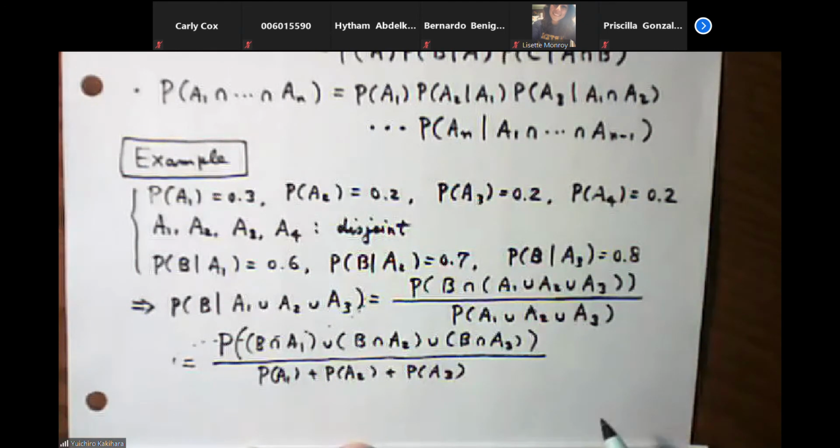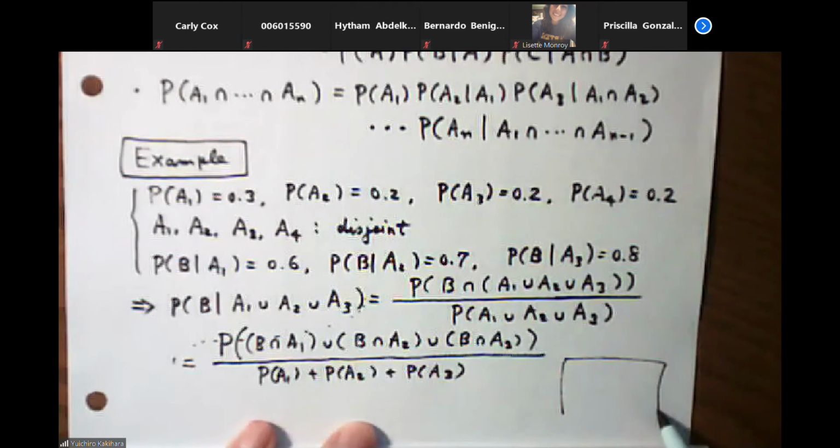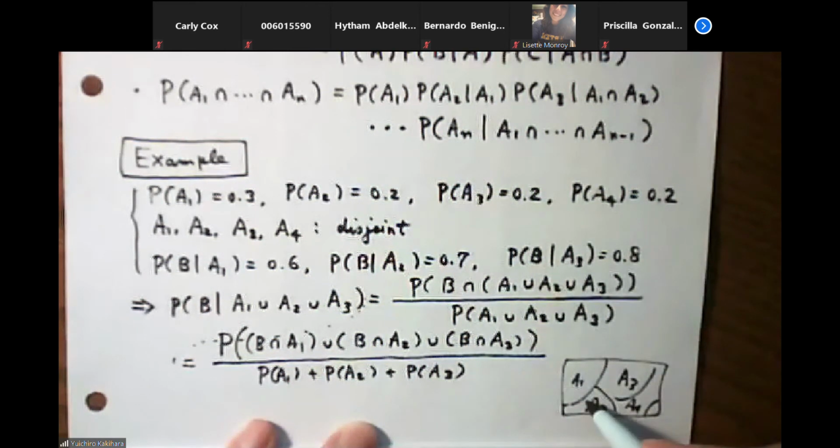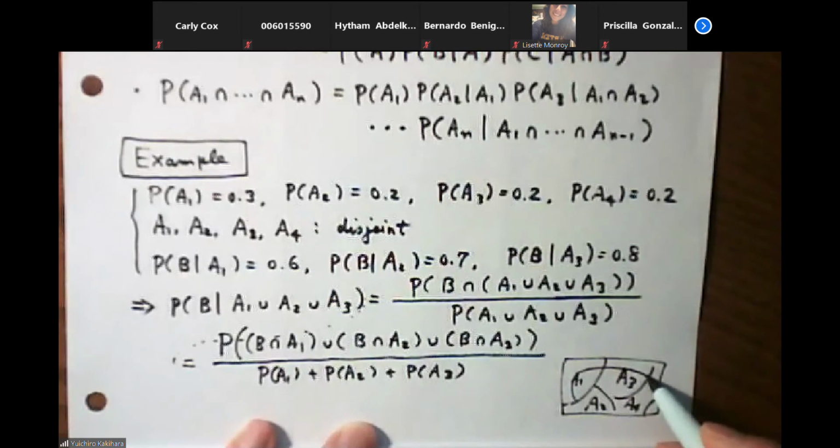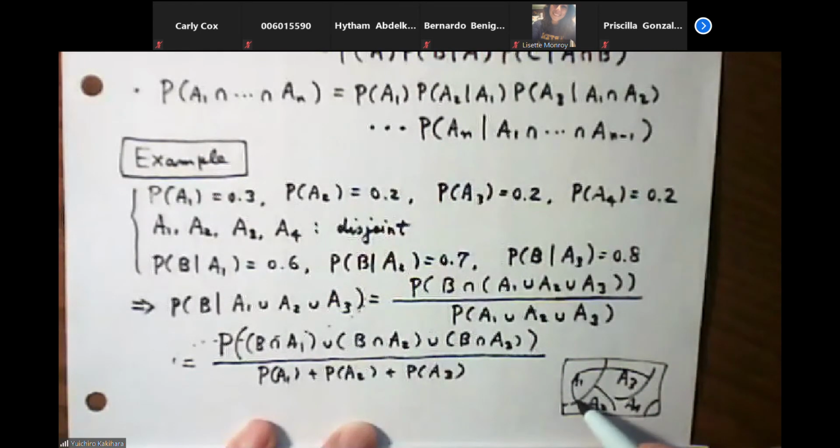Yes. The picture is like this. A1 is here, A2 is here, A3 is here. Somewhere we have A4. And then here is B, something like this.